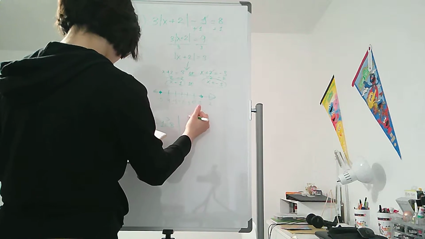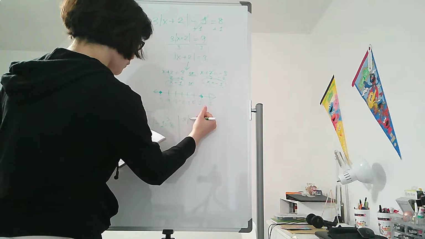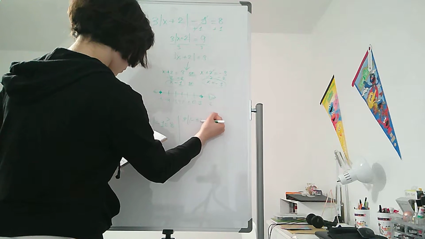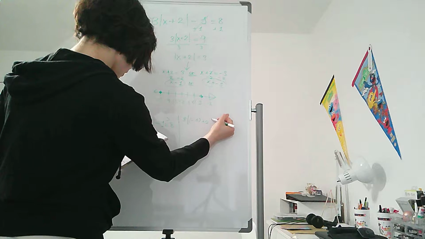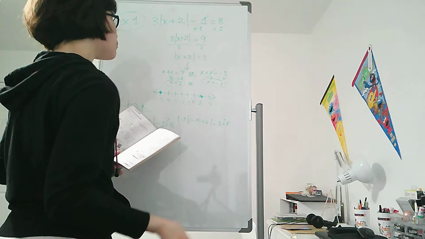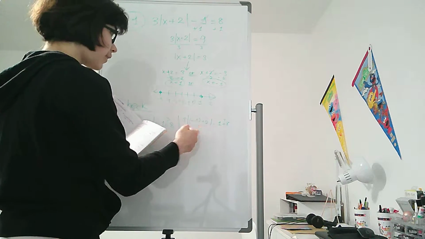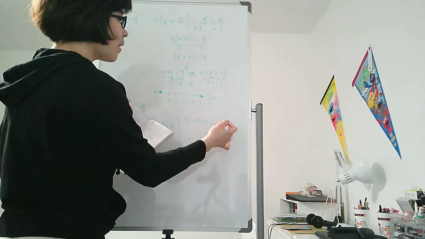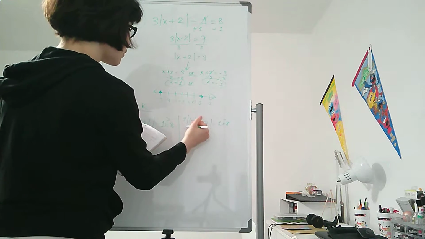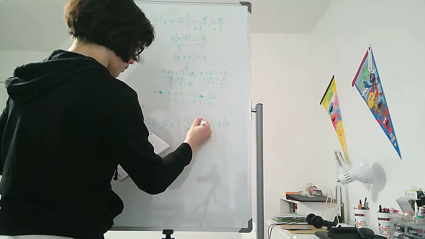Now similarly, we're going to do the same for 3 times the absolute value of negative 5 plus 2 minus 1, and we're still going to have that question mark because we're asking, does this equal 8? So negative 5 plus 2 is, of course, negative 3.